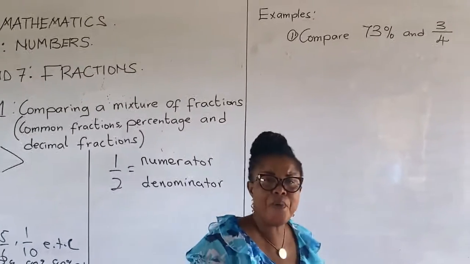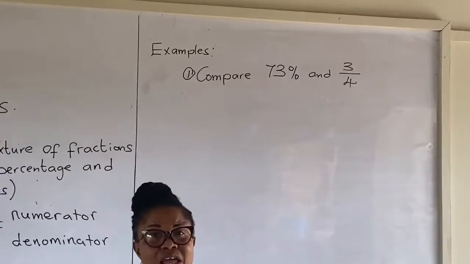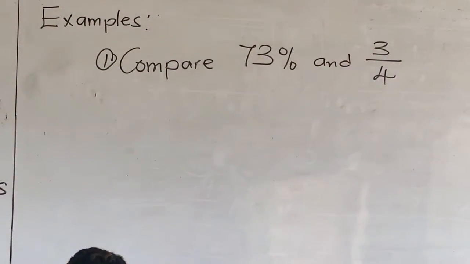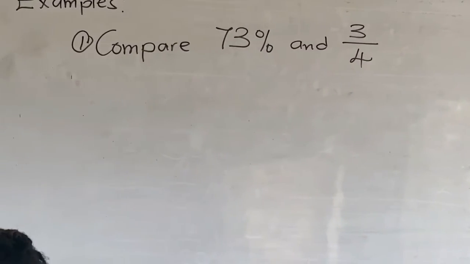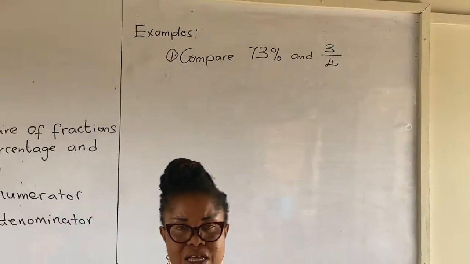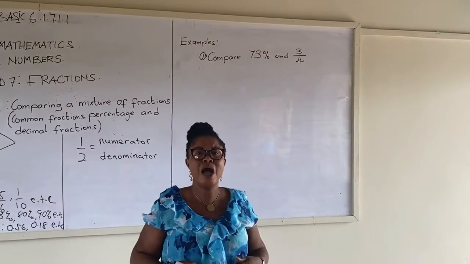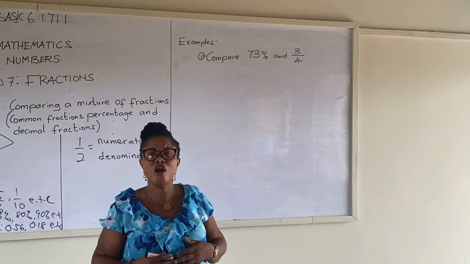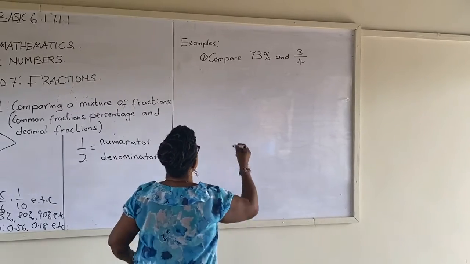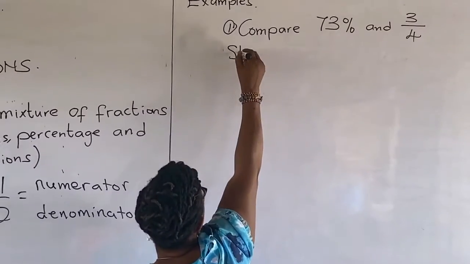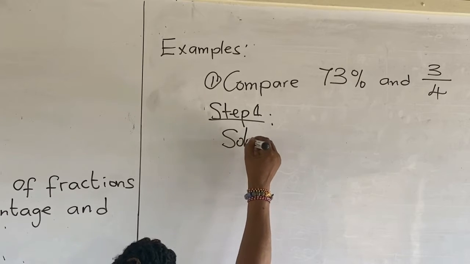Now, let's look at the example here. We are going to compare 73% and 3/4. So we are going to work them in two different ways. In the first step, we are going to change all of them to common fractions. Step 1. Solution.